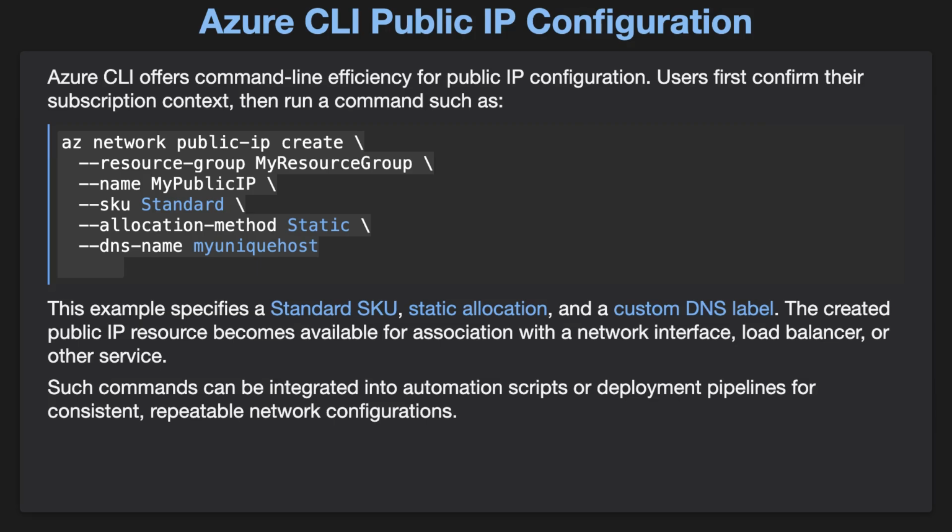This example specifies a standard SKU, static allocation, and a custom DNS label. The created public IP resource becomes available for association with a network interface, load balancer, or other service. Such commands can be integrated into automation scripts or deployment pipelines for consistent, repeatable network configurations.